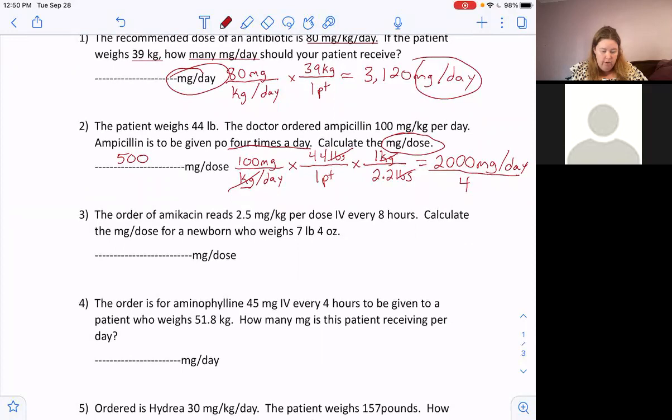So we're going to start with our order, which is 2.5 milligrams per kilogram times 1 kilogram equals 2.2 pounds.